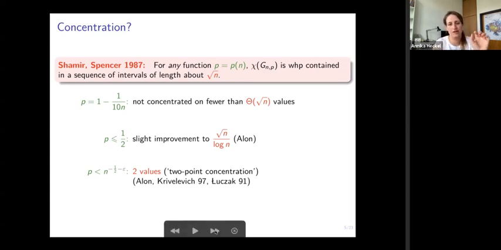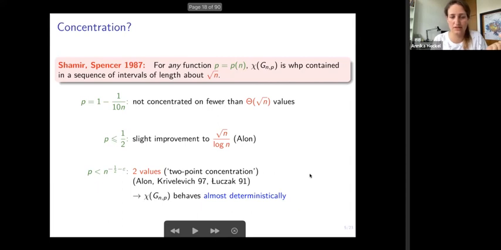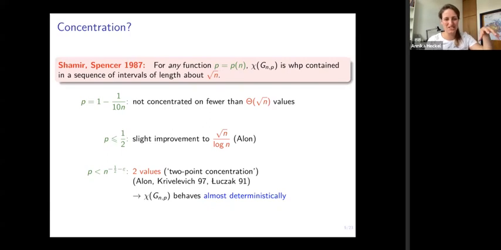There are 2 consecutive values so that with high probability the chromatic number takes one of these 2 values. If you draw such a G(n,p) and work out the chromatic number, you can predict the chromatic number of the next G(n,p) with high accuracy.